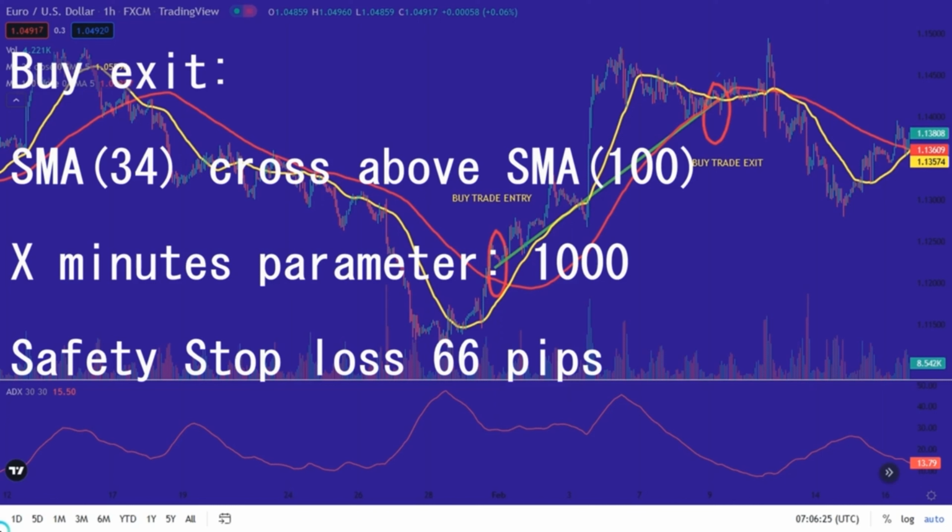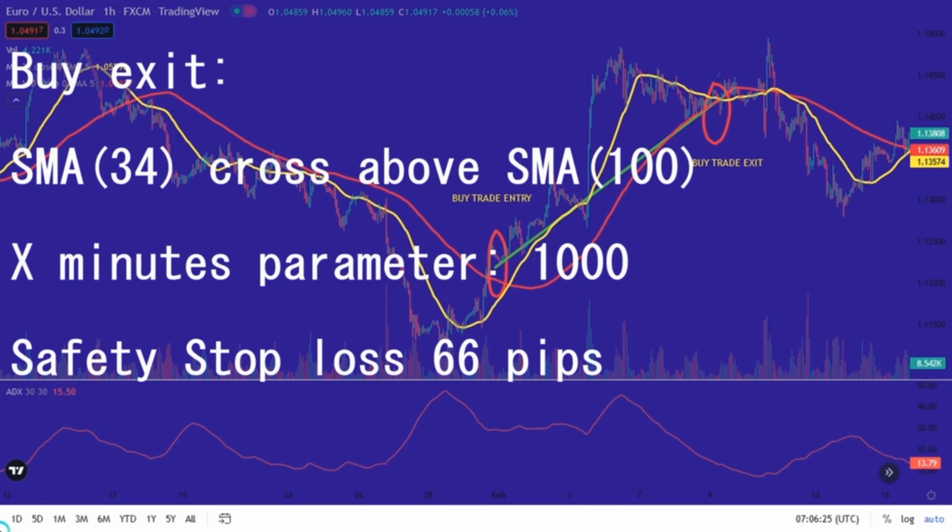So if the 1000 minutes, that is approximately 16 hours, hasn't passed yet, you can't even look at the chart and search for the exit. If that amount of minutes has passed, you can start to look for the exit.